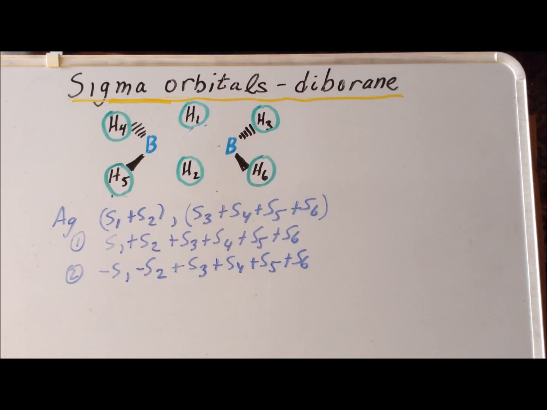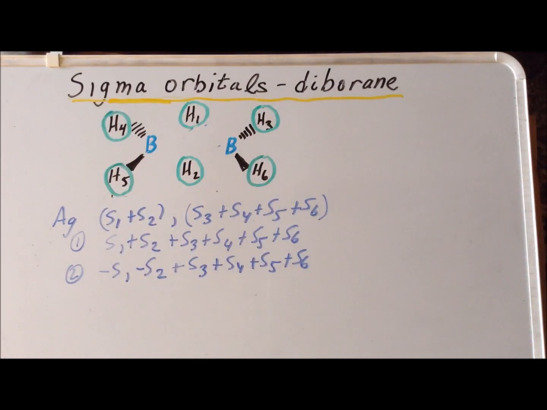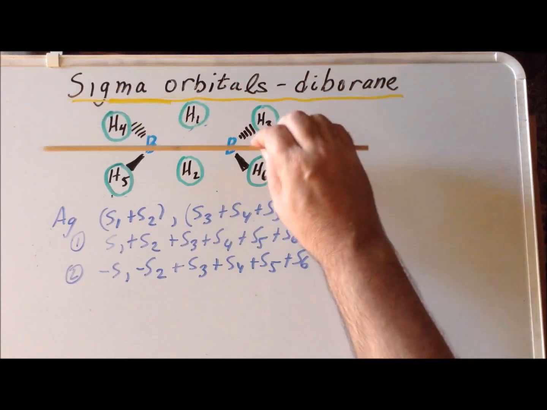So we need to find atomic orbitals on boron that have the proper symmetry to make as many bonding combinations as possible with these 6 hydrogen atoms. Again, remembering that the 2 borons and these 2 hydrogens are in the same plane, and the other 4 hydrogens are perpendicular.